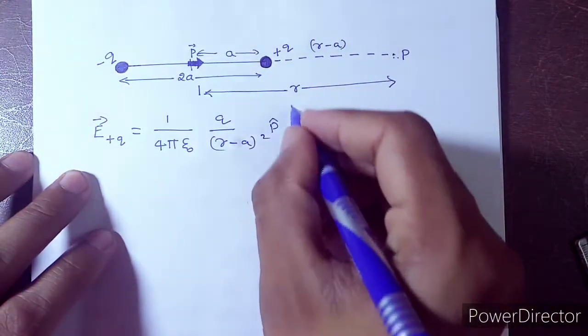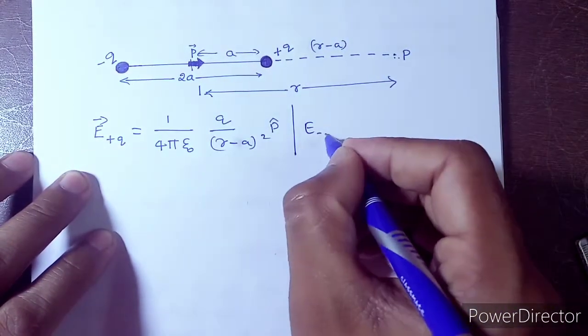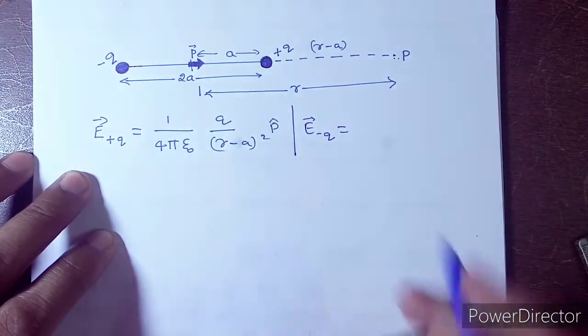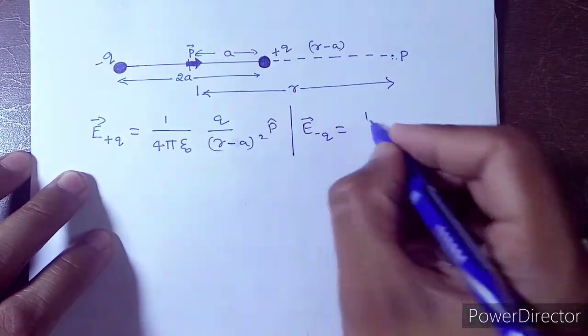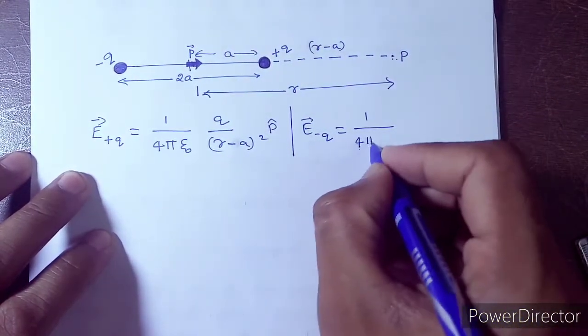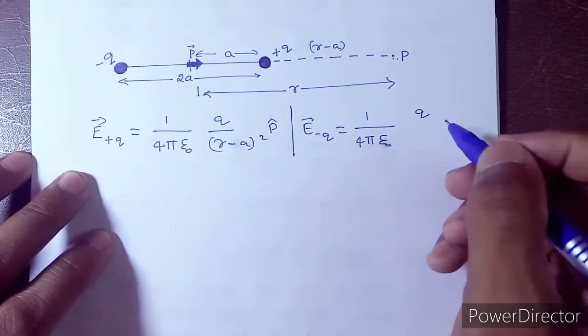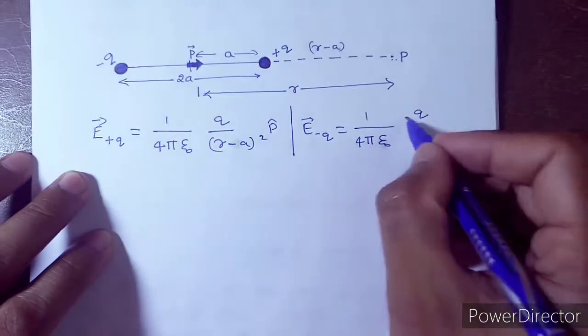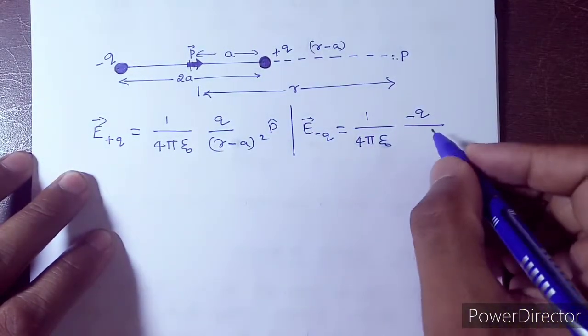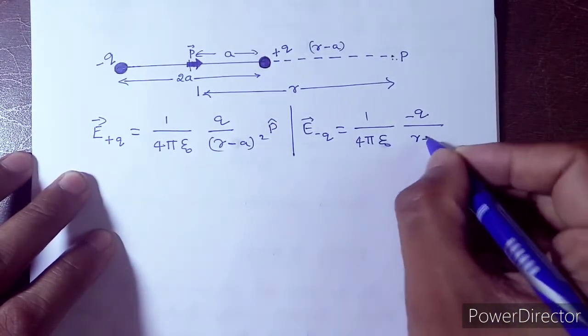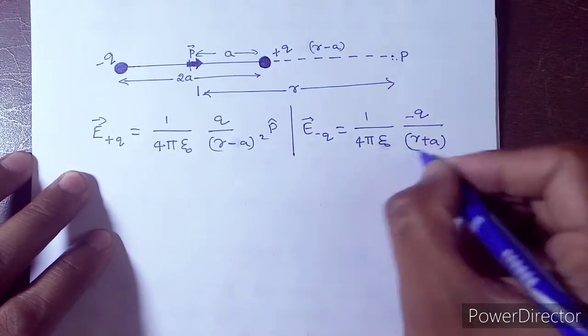So then electric field due to minus q charge is written as 1 over 4 pi epsilon naught, this is negative charge, minus q divided by r plus a whole square.